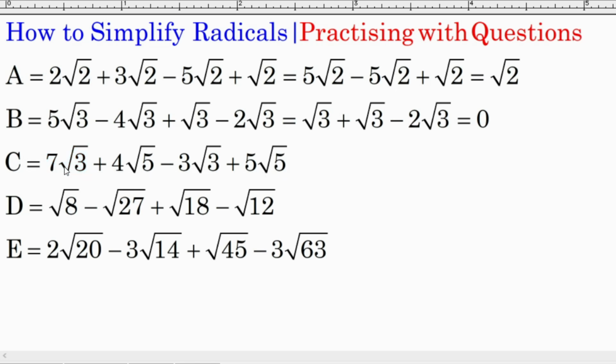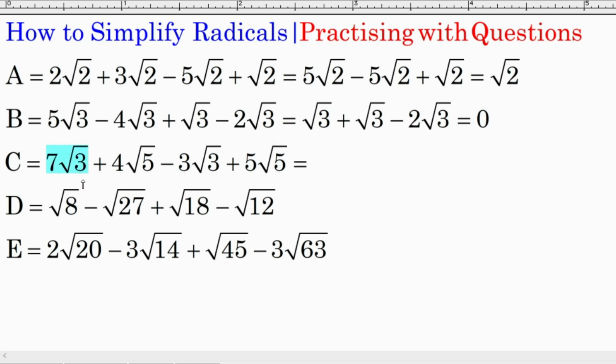We have square root of 3 and here is square root of 5, and here we have square root of 3 and then here is square root of 5. So what we can do here is group the same radicals, because the same radicals are good friends.